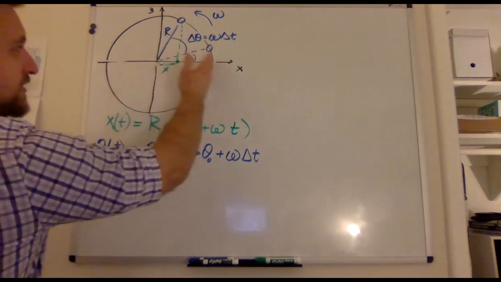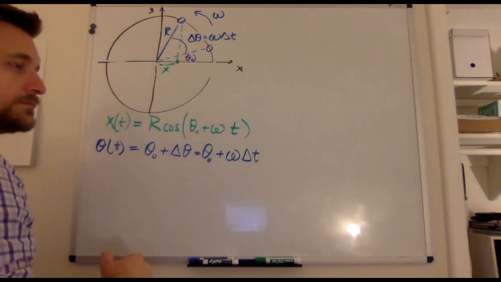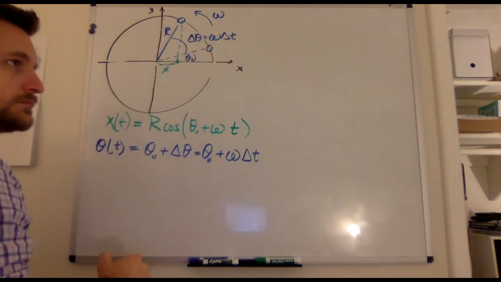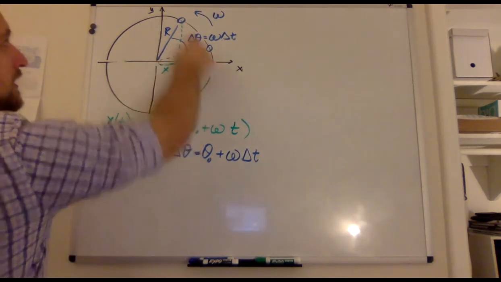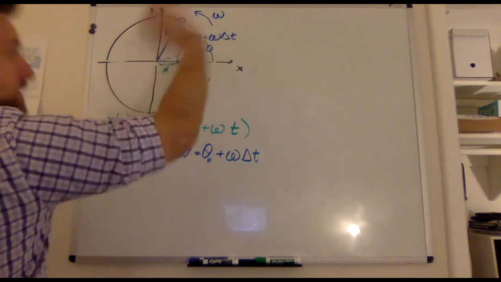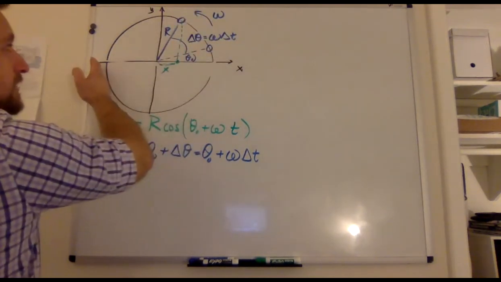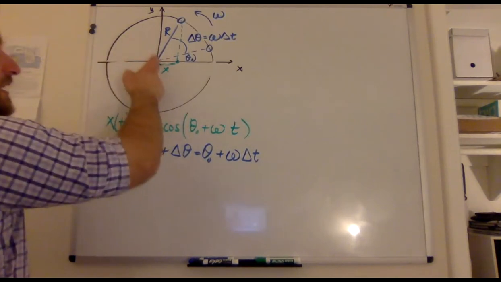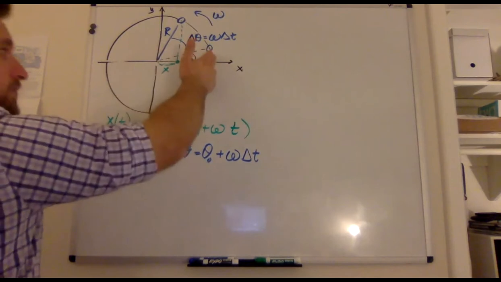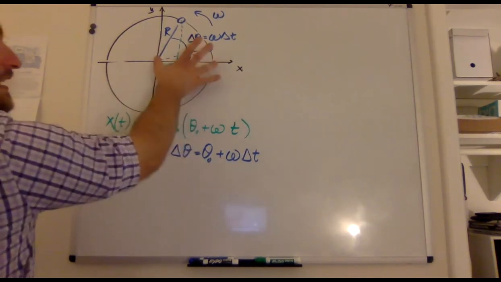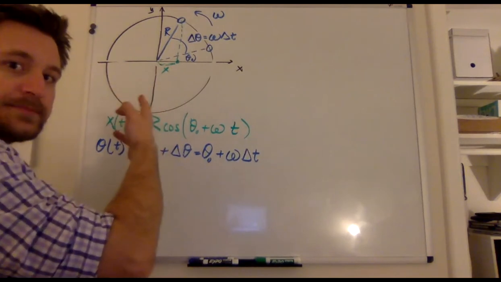The maximum distance from equilibrium, that's when the rotating object in our imagination lives on the x-axis. That's the farthest away we can possibly get in the x direction from the center, and that distance is the radius of the circle we're imagining.